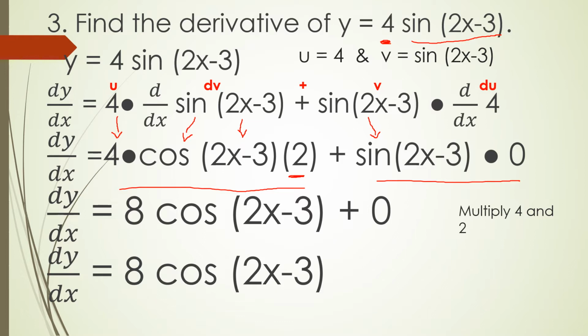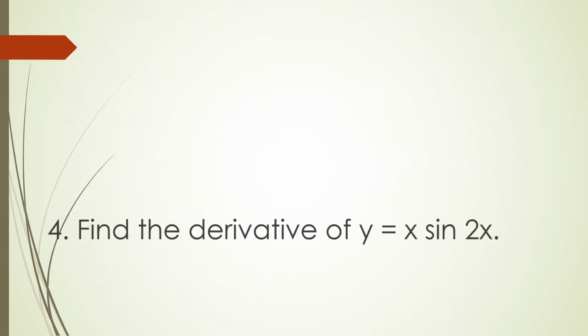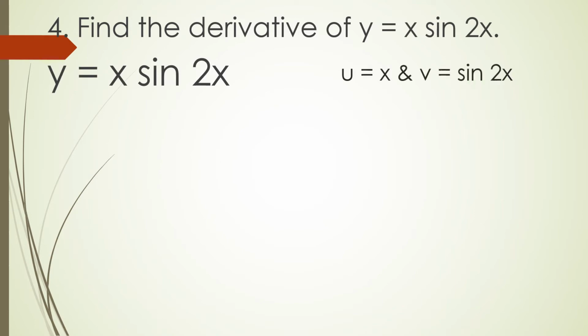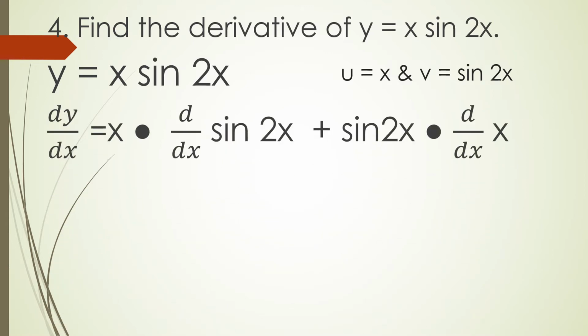Alright, next example. Find the derivative of y is equal to x sine 2x. Again, you'll use the product rule. Our u is x, our v is sine 2x. Following u dv plus v du, we have x times the derivative of sine 2x plus sine 2x times the derivative of x.